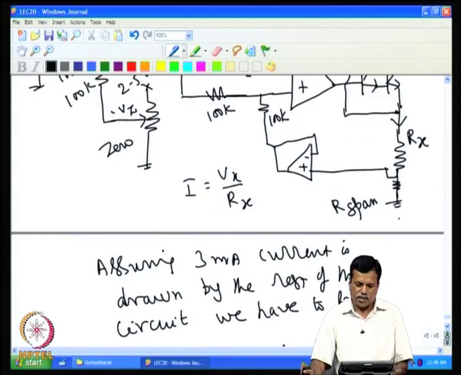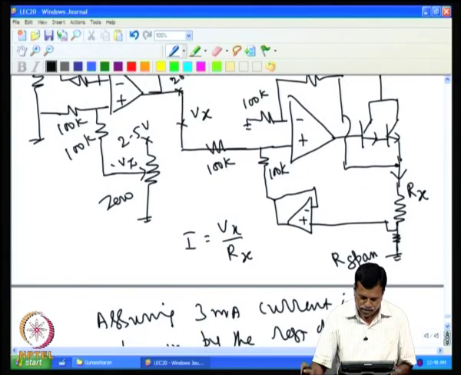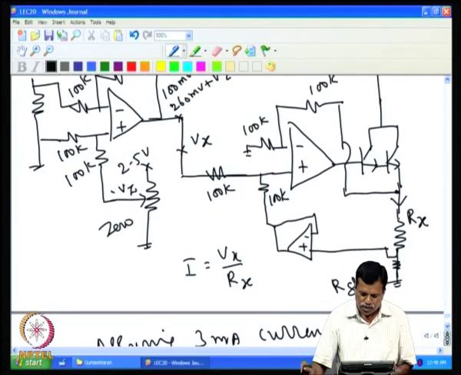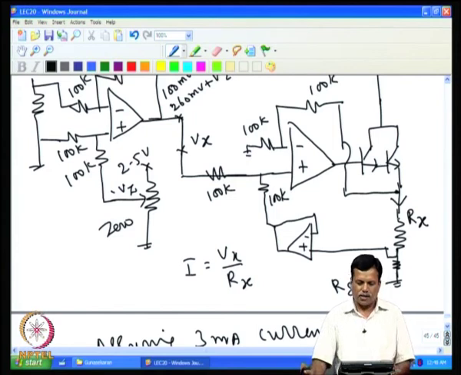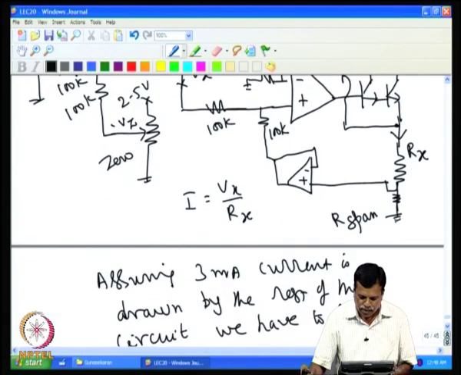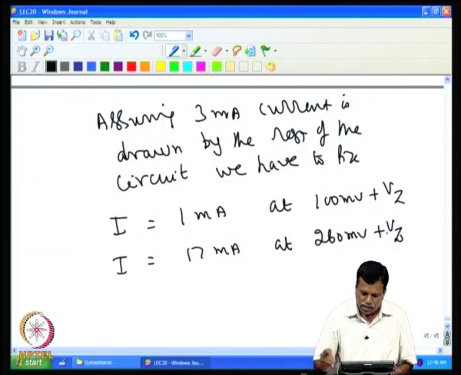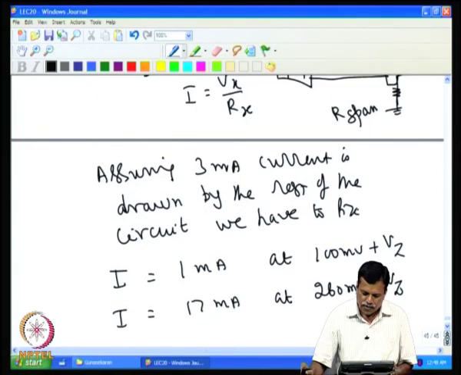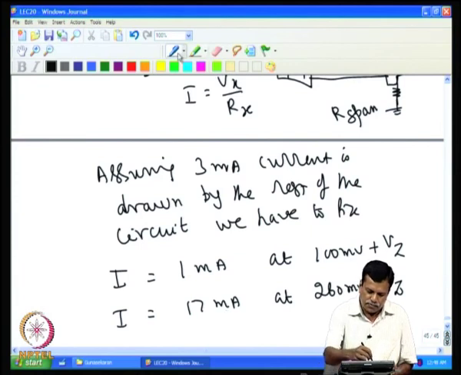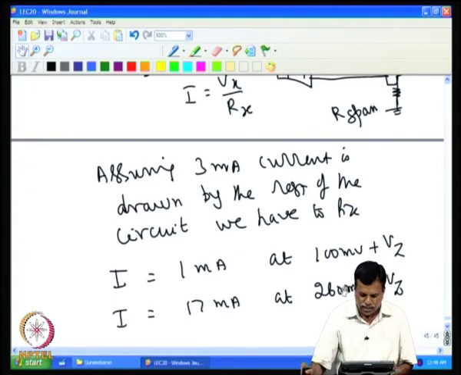So, we have to arrive at this voltage, then we have to carefully select the biasing arrangement, because now the current is given by 100 millivolt divided by Rx. So, this current has to vary 1:17, whereas this voltage is varying only by 1:2 or 3.